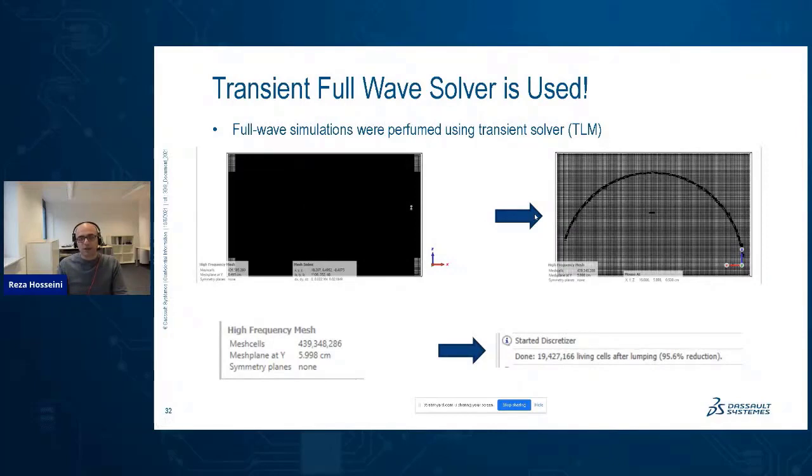Especially in this case, because we're dealing with larger structures, and between the radome and the antenna there's not that much geometry, so we can save some mesh there. That helps quite a lot, so that's why I'm using the TLM for the sake of this presentation.